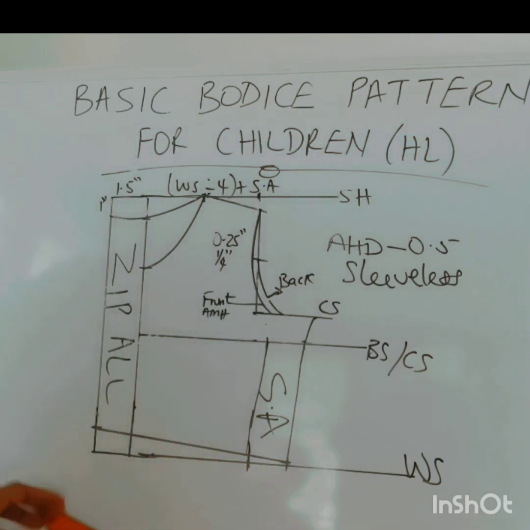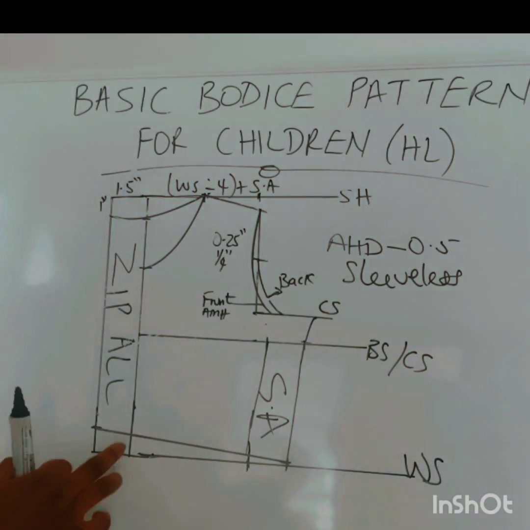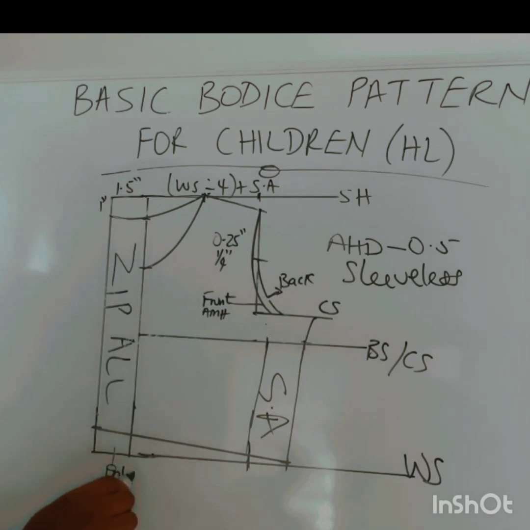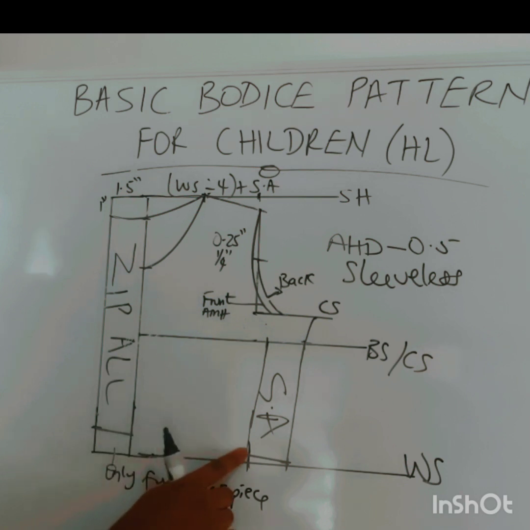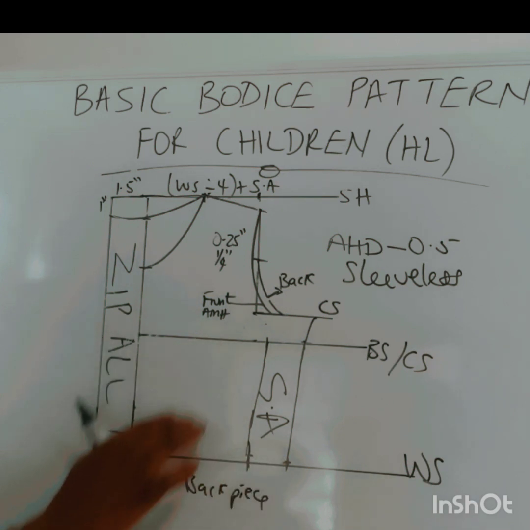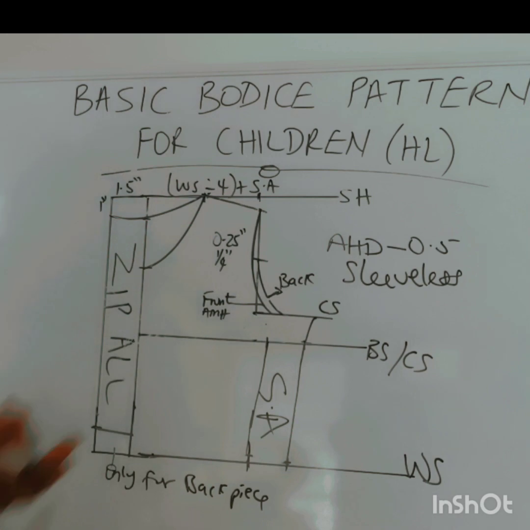Then mind you, you will not do this for the front. It is only the back pattern you will do that. You will do this only for the back pattern. Okay, only for back piece. The front piece will remain the way it is. And of course, because they are children, they do not really need a dart.